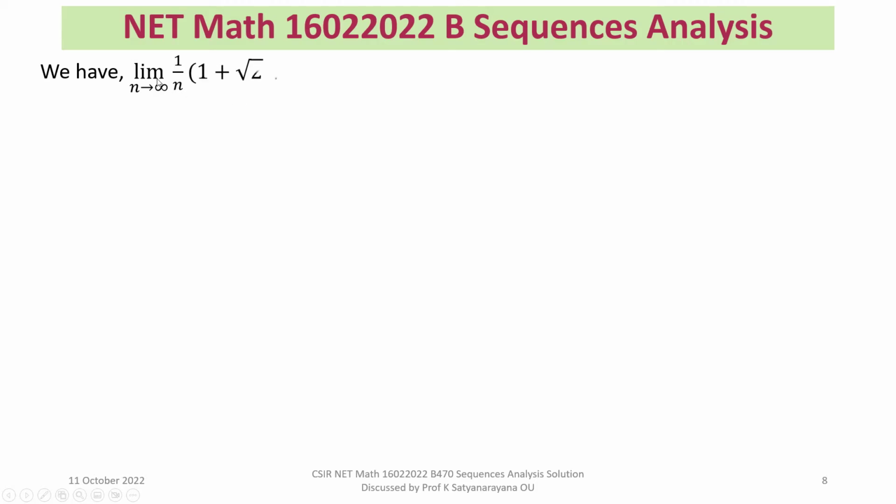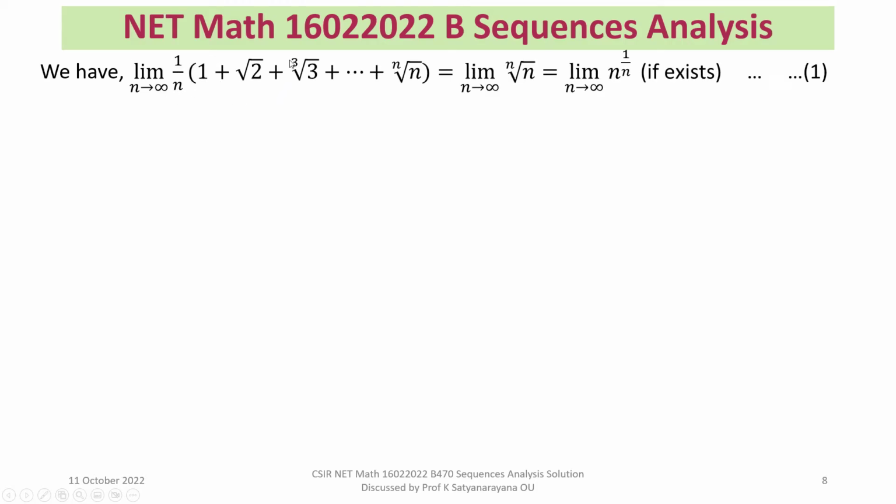We have limit n tends to infinity of 1 by n into (1 plus square root of 2 plus cube root of 3 plus so on and so forth plus nth root of n) is equal to limit n tends to infinity of n to the power of 1 by n, if it exists. Up to that we have seen. Required to find limit n tends to infinity of n to the power of 1 by n.